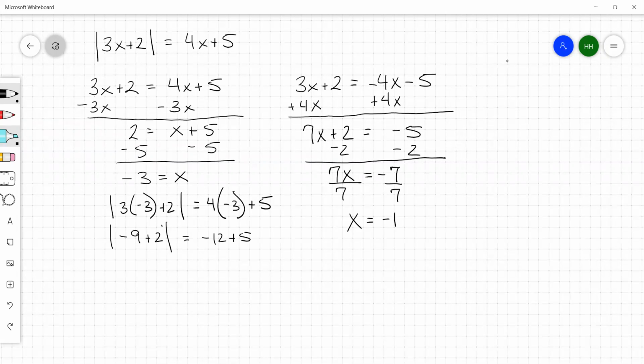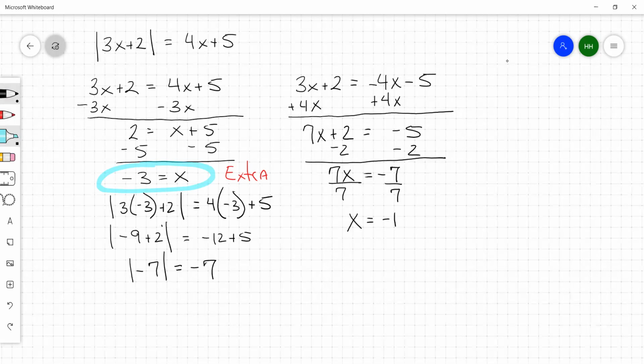When we finish this, we get the absolute value of negative 7 on the left equal to negative 7. Can't have an absolute value equal to a negative. Okay? So that means that this solution is extraneous. The negative 3 is extraneous.